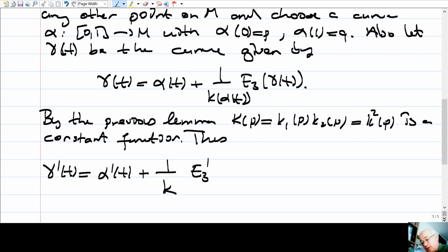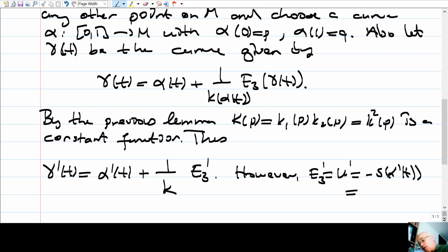However, here E3 prime is of course our normal vector, so it's U prime, and we know that this is just S of alpha prime t, and any direction is principal, therefore this is just this.